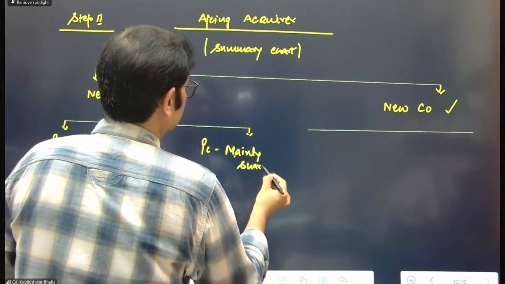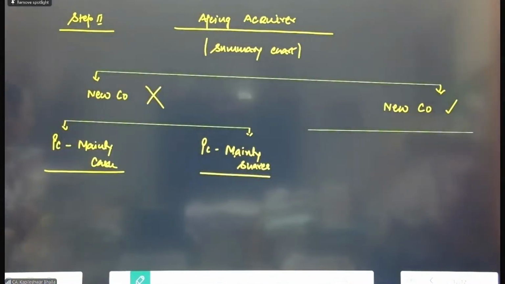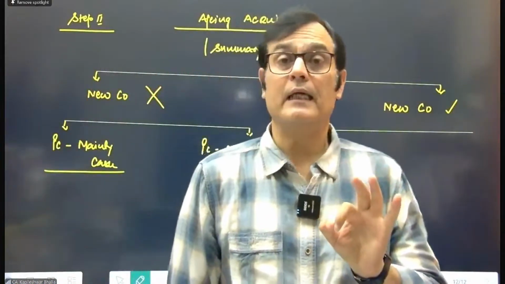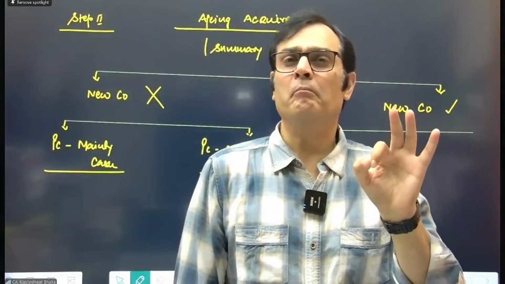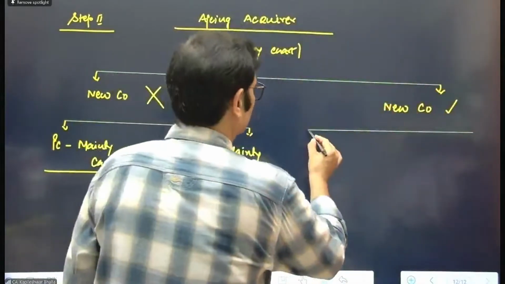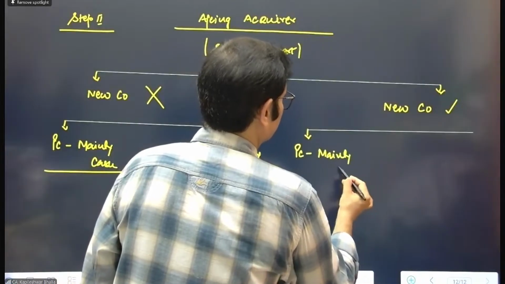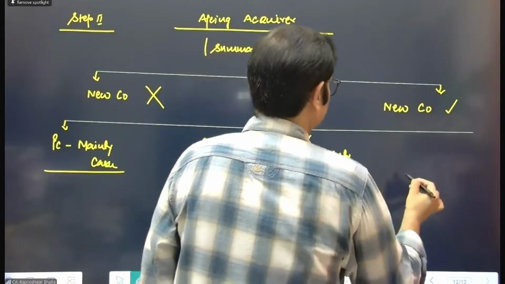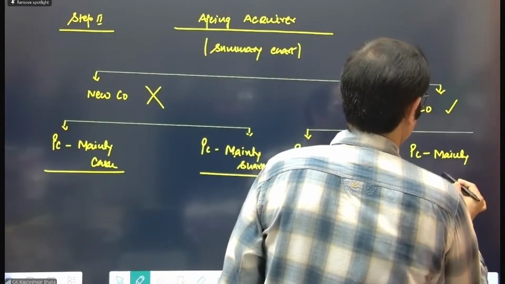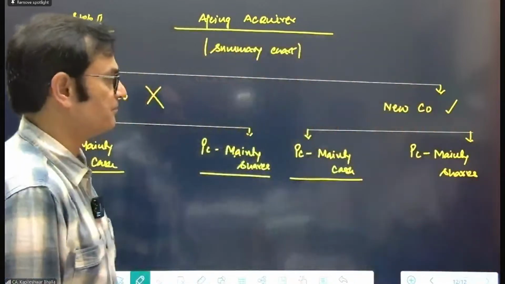So you need to basically see in which form of payment the consideration is mainly. I'm not saying it's only, I'm saying it's mainly. That means the major component of the consideration is in cash or shares. Here also we'll look into the combination: the purchase consideration is mainly in cash, or mainly in shares.